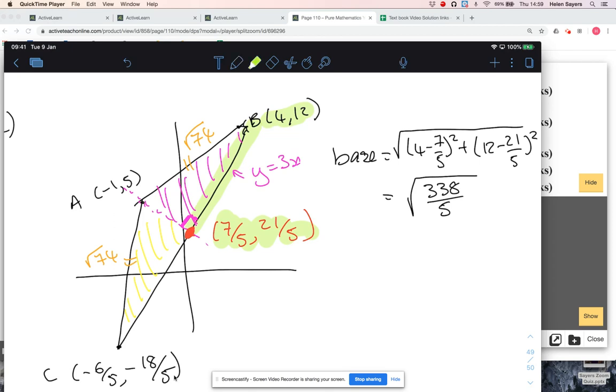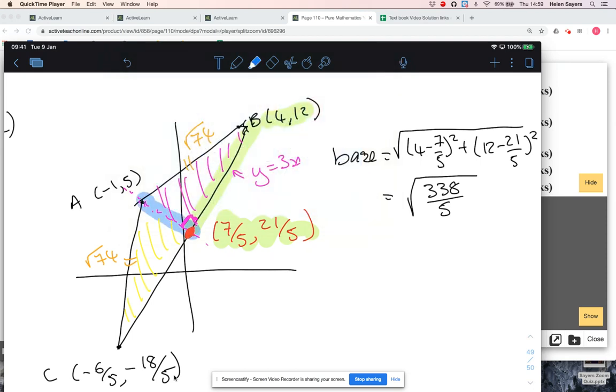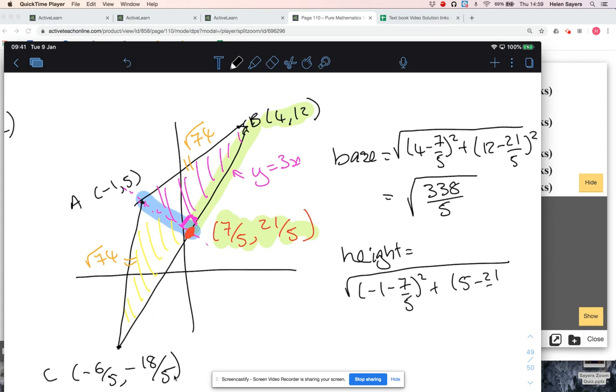The height, what colour am I using? Use blue. Okay, so the height is going to be that distance there. Again, same formula. So I'm writing underneath it, and we have space. That's going to be (-1 minus 7 over 5) squared plus (5 minus 21 over 5) squared.